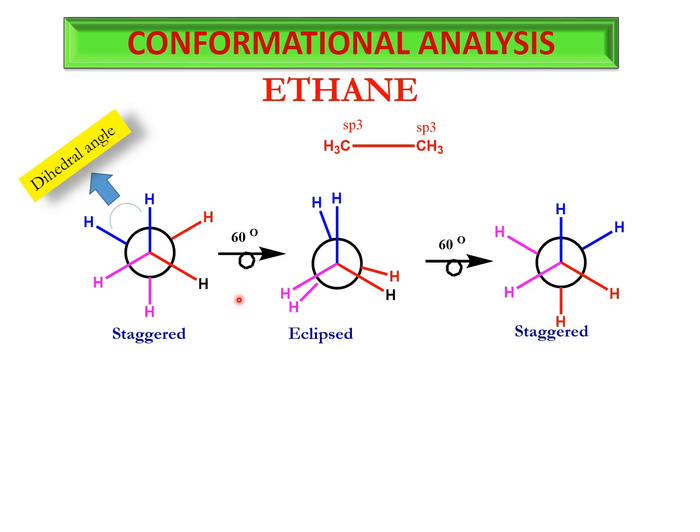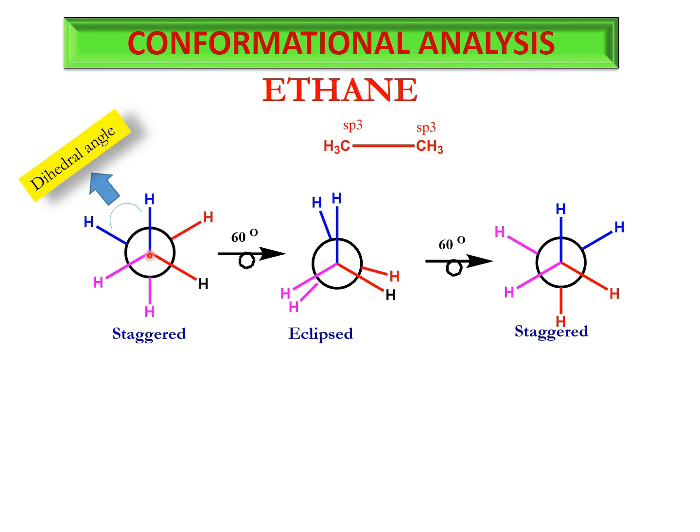Now, what we do is that we keep one of the carbon atoms, whether that is the dot or the circle, fixed in its position, which means that the groups or the hydrogens that are attached to it do not change their positions, and we rotate the other carbon atom.